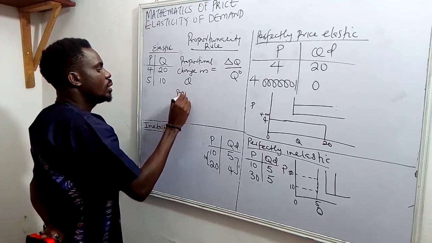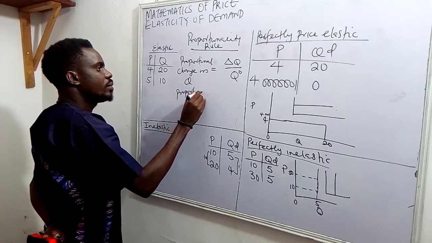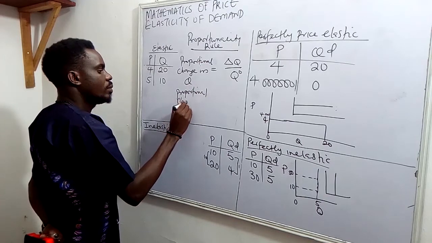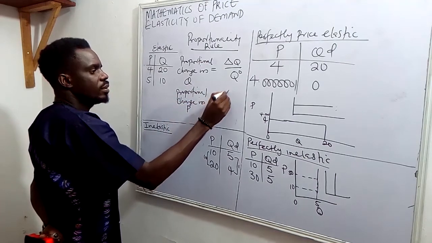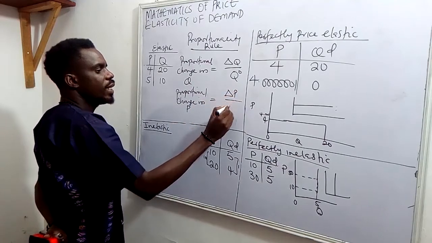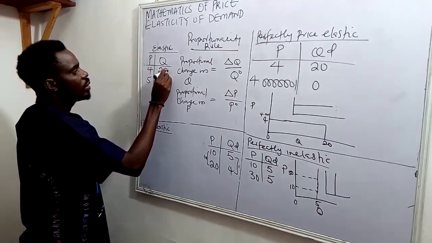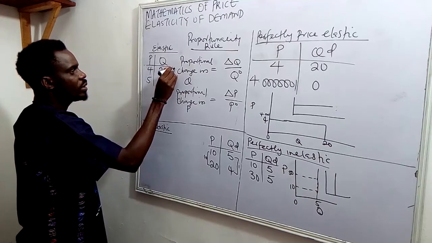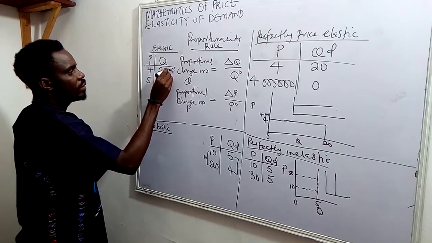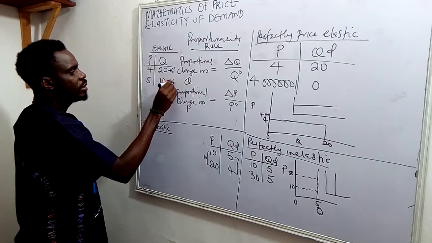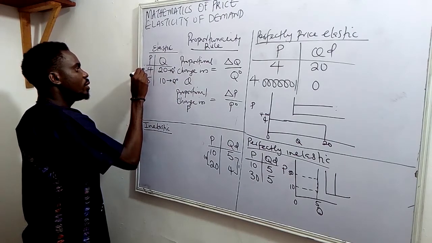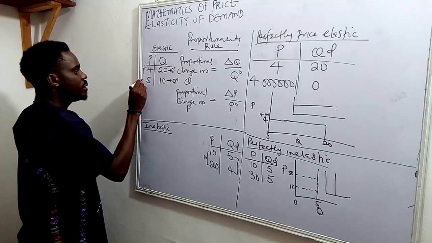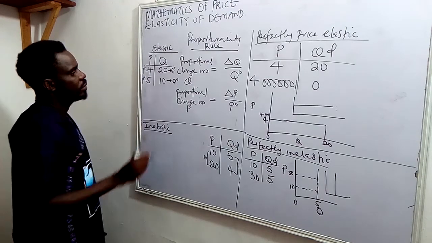Also, the proportional change in price is change in price divide original price. This is the original quantity and this is the new quantity. Also, this is the original price while this is the new price.